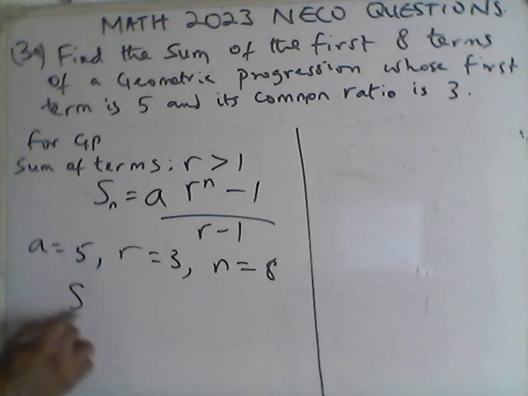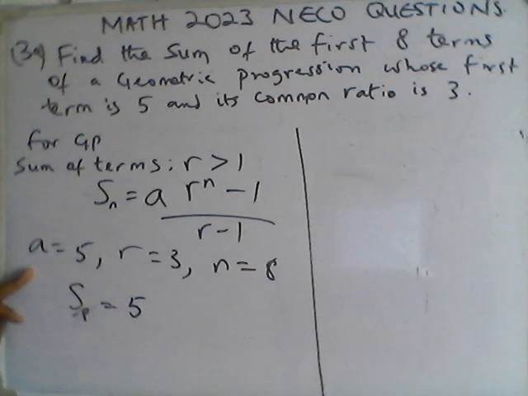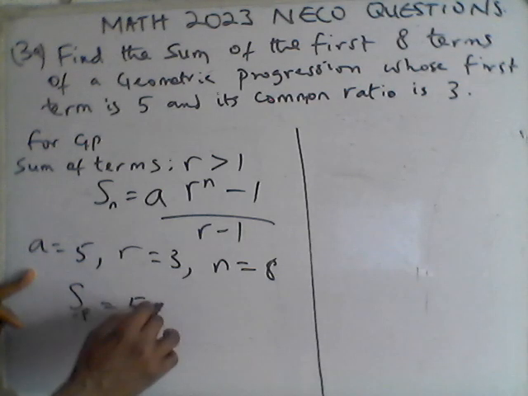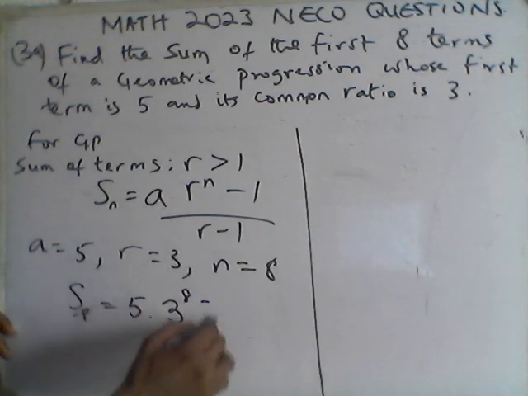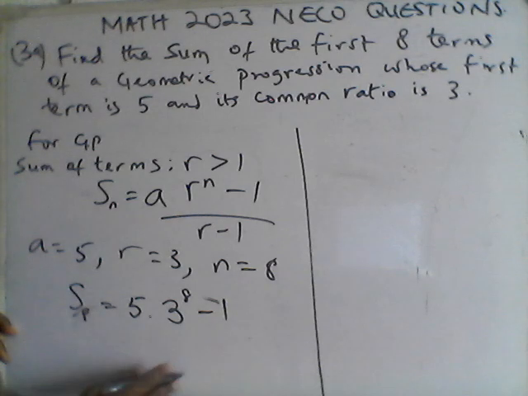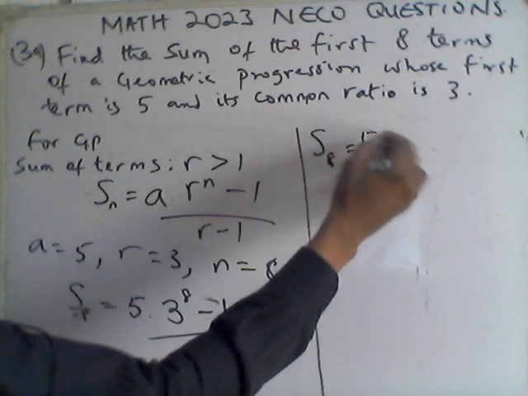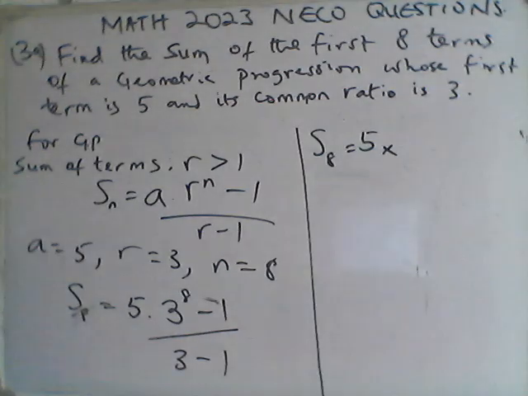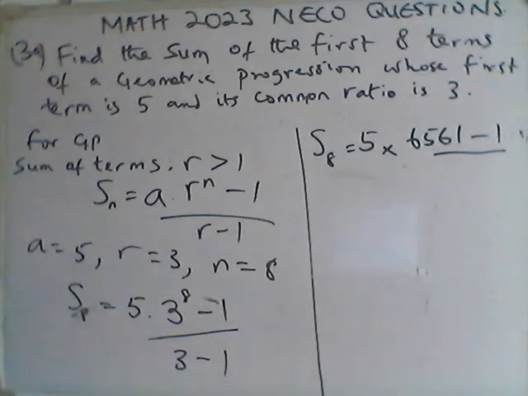So S8, meaning sum of first 8 terms, is equals to, so I put my 5 here, 5 times, then I have 3 common ratio, then n is 8 minus 1, then all over 3 minus 1. Okay, so this 5 is multiplying everything outside. 5 times 3 to the power 8 will give us 6561 minus 1 all over 3 minus 1 is 2 here.